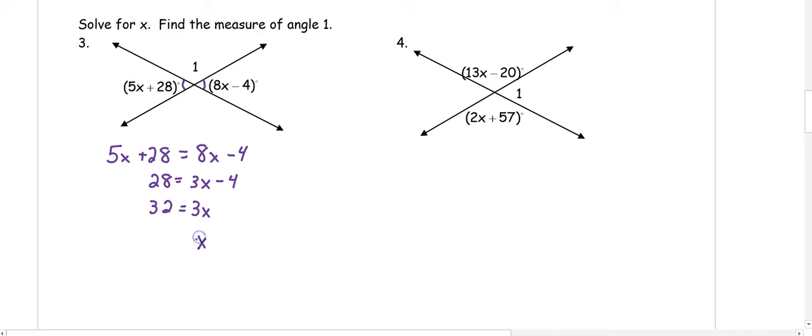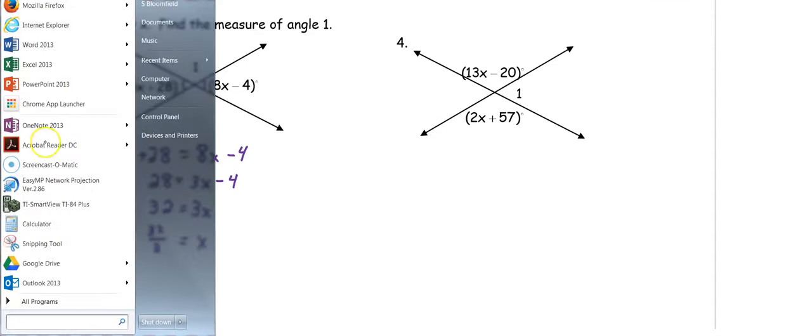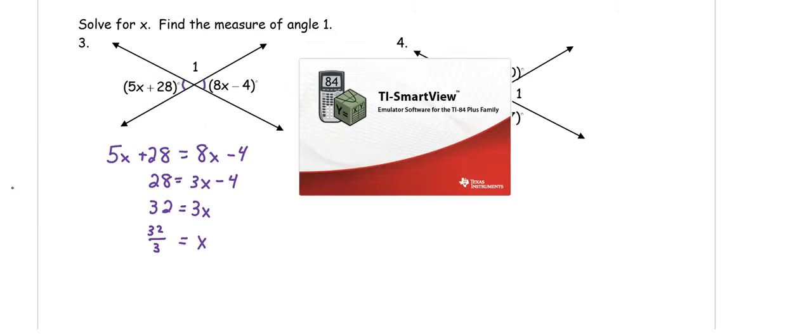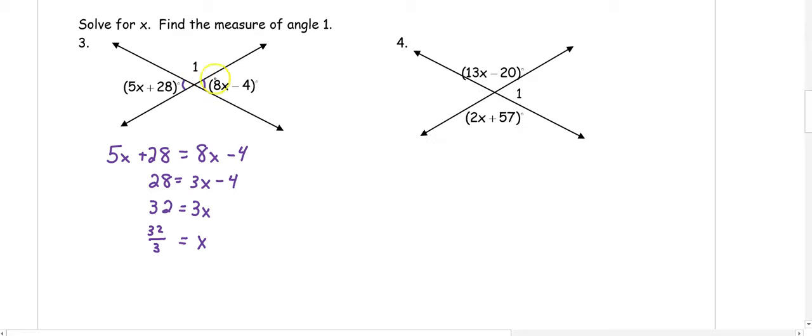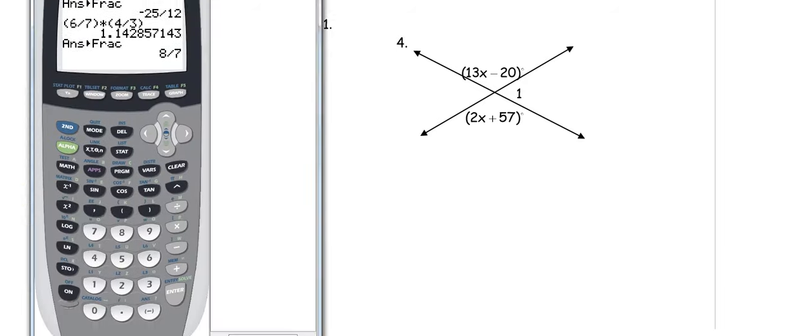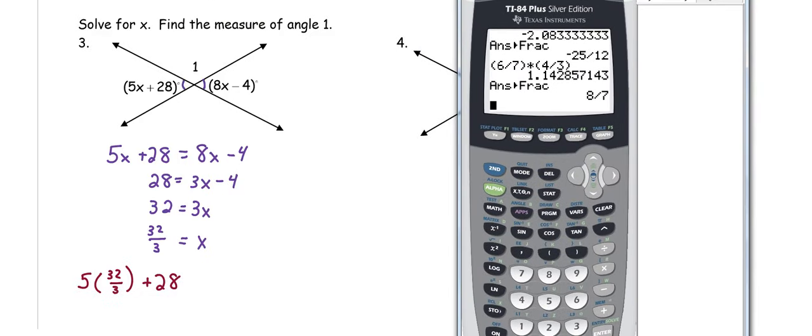Once I solve and get x, I know that x is 32 over 3. Since this doesn't reduce, we're going to leave it as a fraction. Then when I go to find my angle measurement, I'm going to use a calculator just because I have a fraction to deal with. So I'm going to find one of these two measures first. So let's say we're going to find the 5x plus 28. So 5 times 32 over 3 plus 28. I'm going to put that all into my calculator.